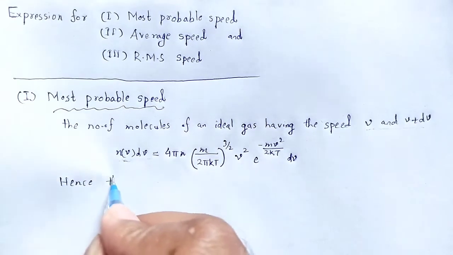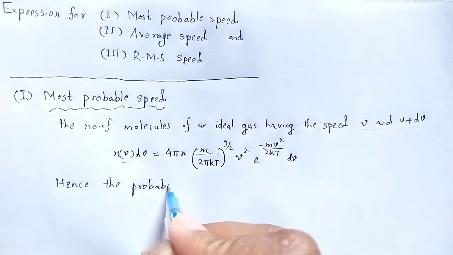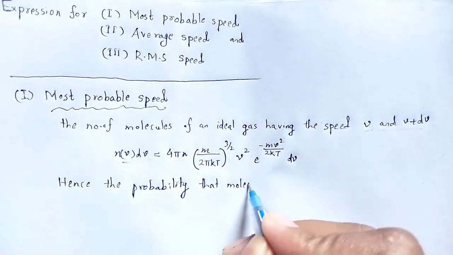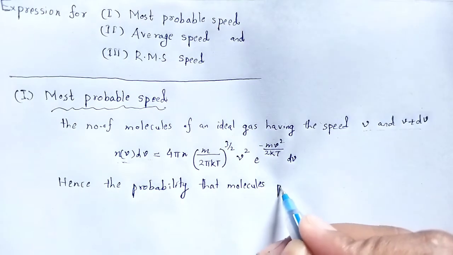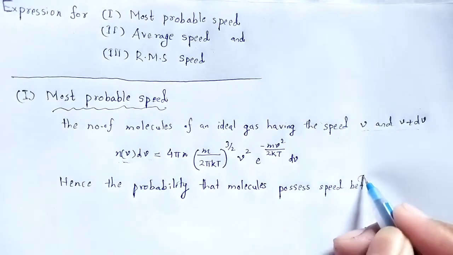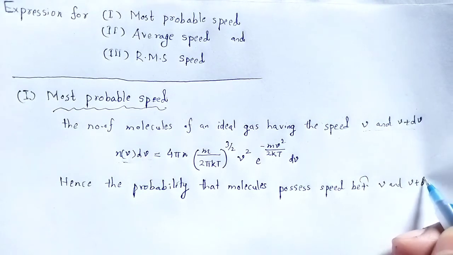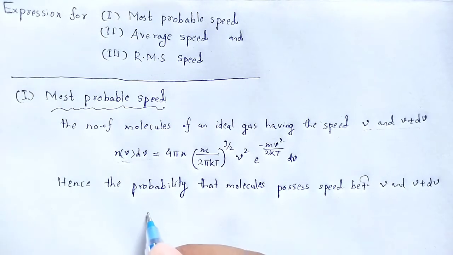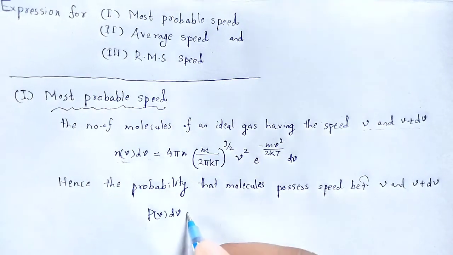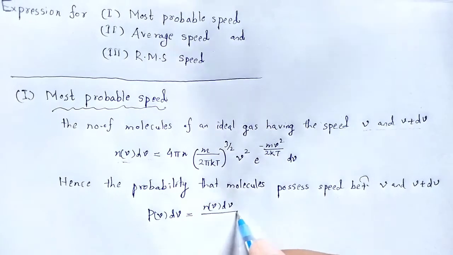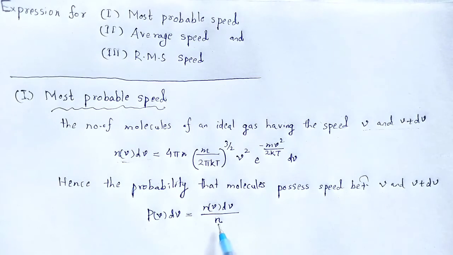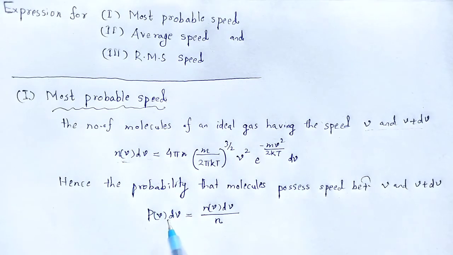Hence, the probability that molecules possess the speed between v and v plus dv is given by P(v) dv, that is n(v) dv divided by n, the number of molecules in that speed range to the total number of molecules, known as the probability of a molecule in that speed range.